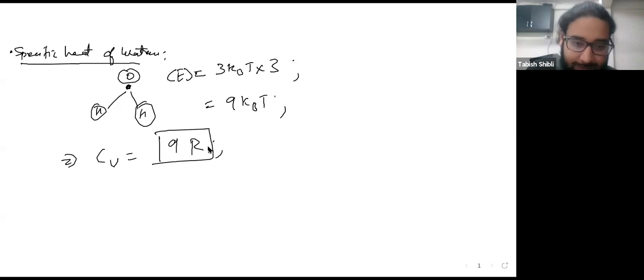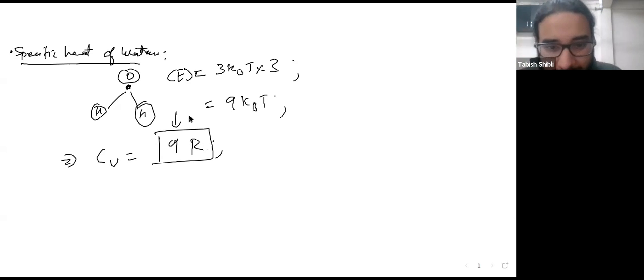And this is the reason why water is used as a coolant, because its specific heat is very, very high. This is the highest specific heat that you will see amongst most of the common materials around yourself. There are extreme materials you can make which have higher specific heat, but the most common material is water.